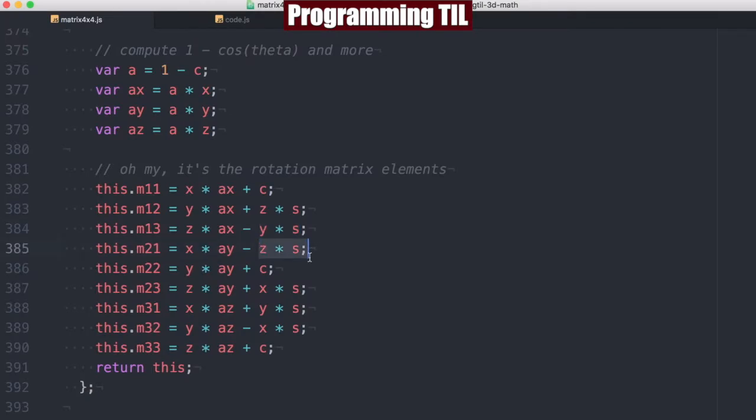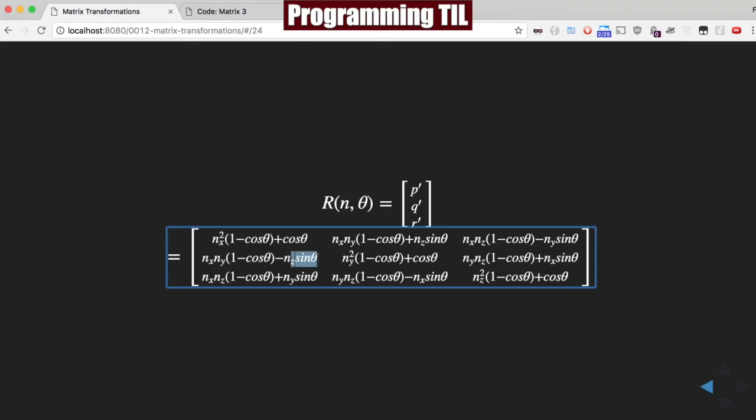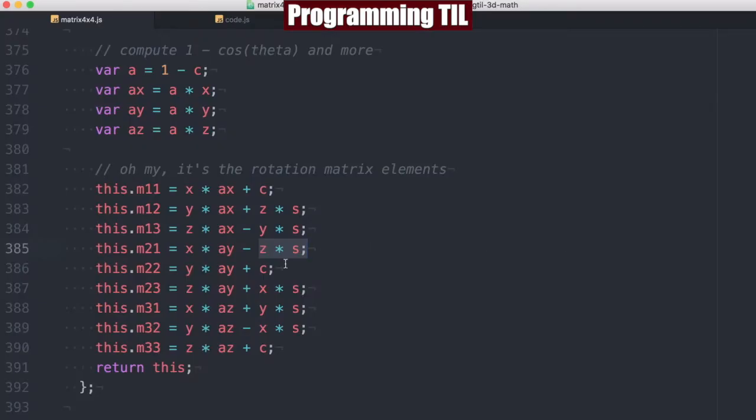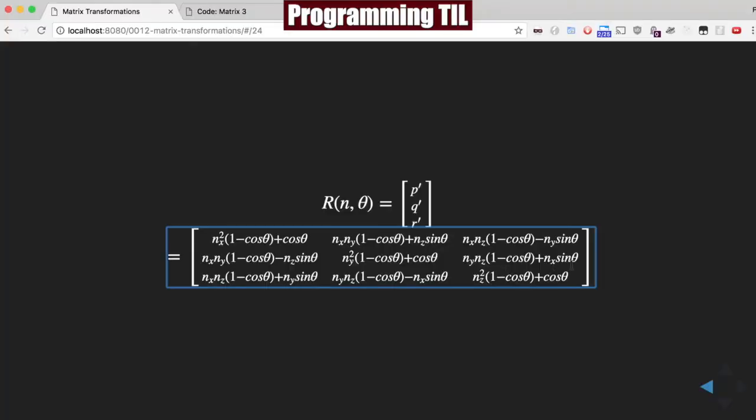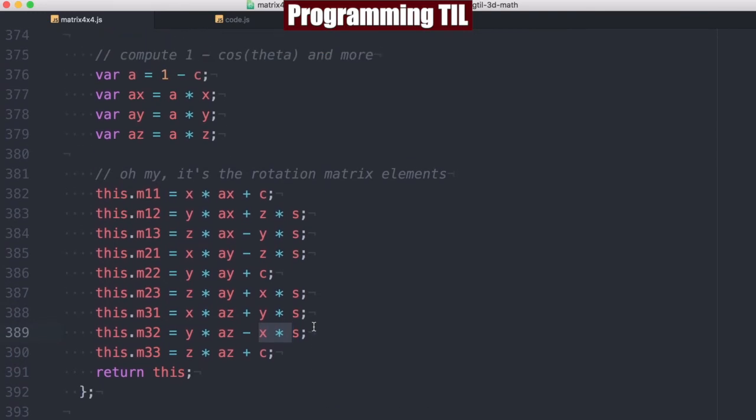Again, next three columns, minus z sine theta plus cosine theta plus x sine theta. And then finally, plus y sine theta minus x sine theta plus c cosine theta, which are these final elements here. If you don't remember how to do the math for this, you can check out this full episode 12. But in the meantime, just know that this is right.